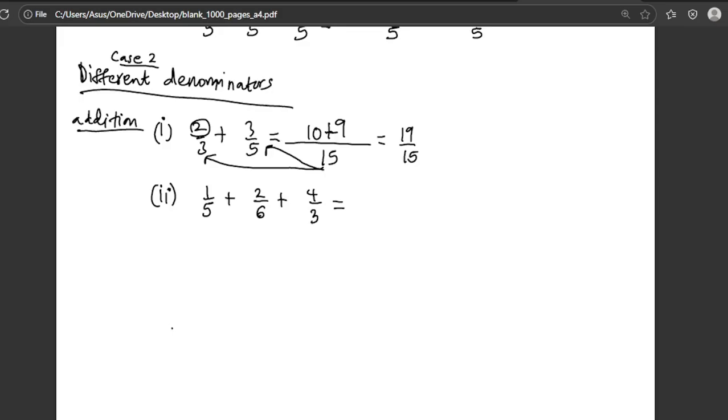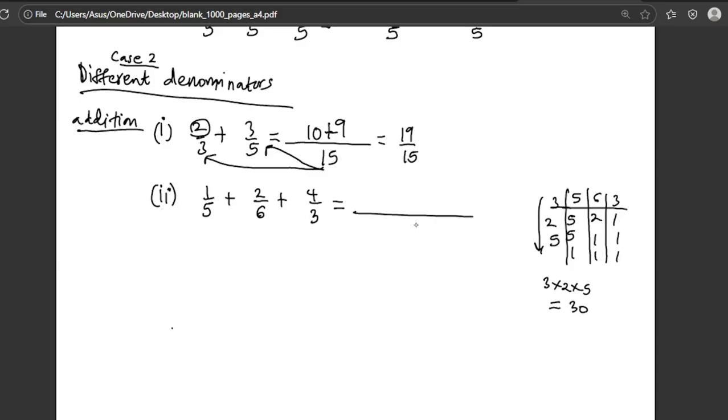We find the LCM of the three denominators. Dividing by 3, we get 5, 2, 1 for 5, 6, 3, then 5, 1, 1, and then 1, 1, 1. Multiply 3 times 2 times 5, which is 30.